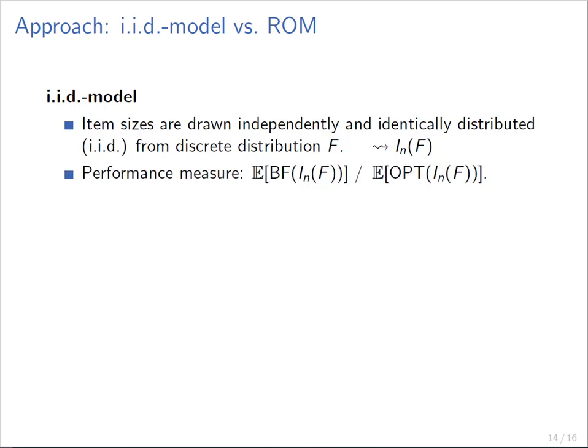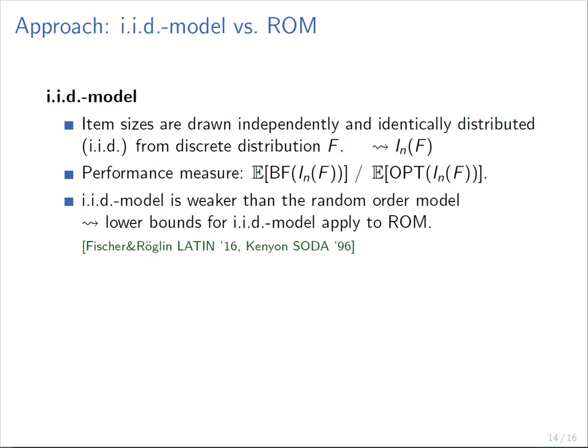The performance measure in the i.i.d. model is again the ratio between the algorithmic and the optimal solution. However, here both terms are in expectation because the sequence of items itself is a sequence of random variables. In general, one can show that the i.i.d. model is weaker than the random order model, which implies that lower bounds for the i.i.d. model hold also for the random order model.